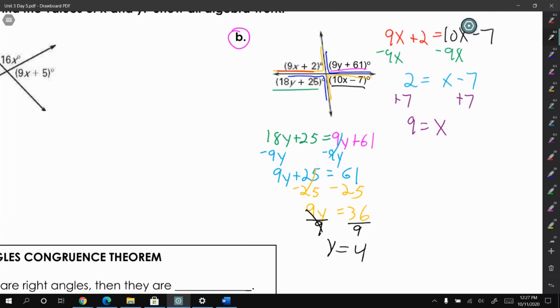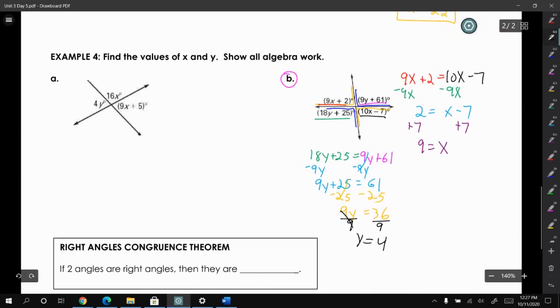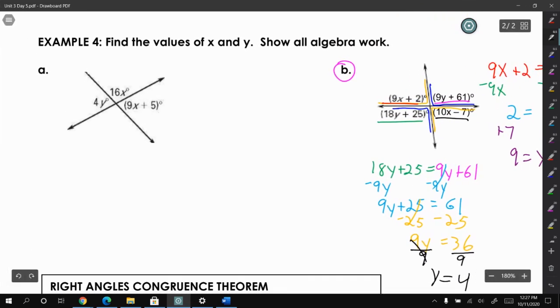Okay, so I want you to try letter A in both examples. I do want to caution you in number 4a that, yes, you can say that these two angles are congruent, that 4y is equal to 9x plus 5, but you have to figure out what x is first.